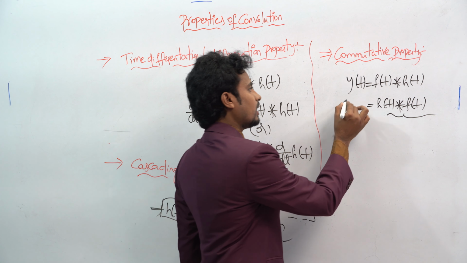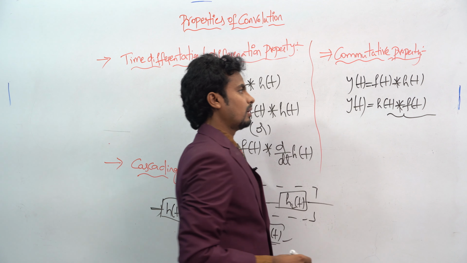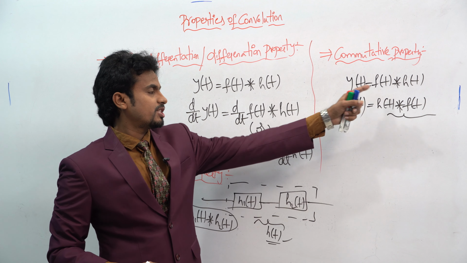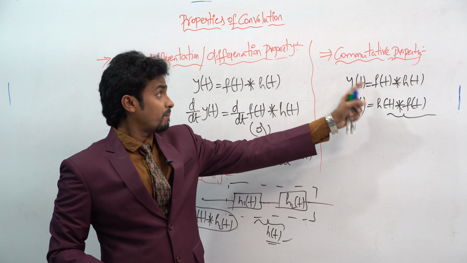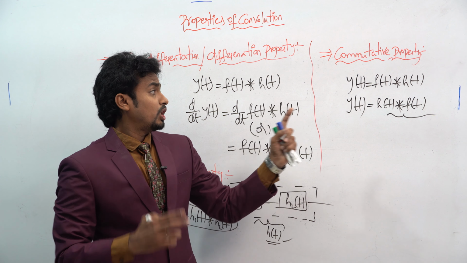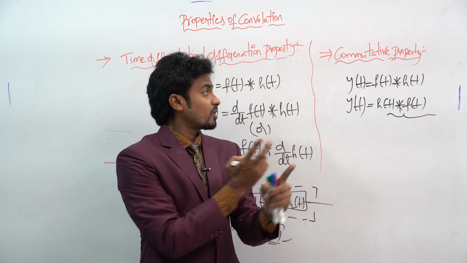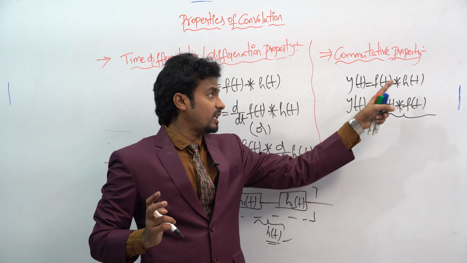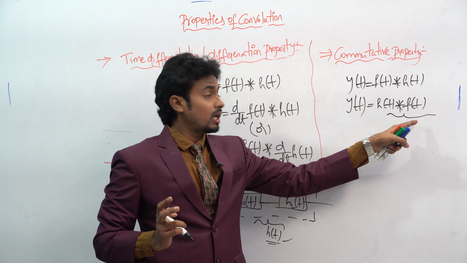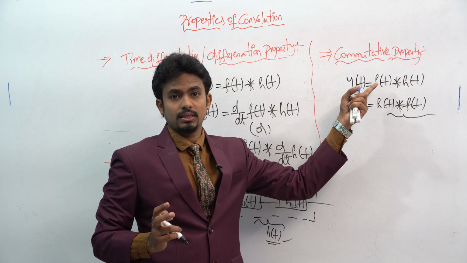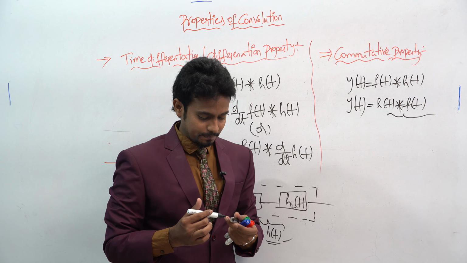That is also y of t. If you just reverse the things, y of t is equal to h of t convolved with f of t, that is also right based on the commutative property.